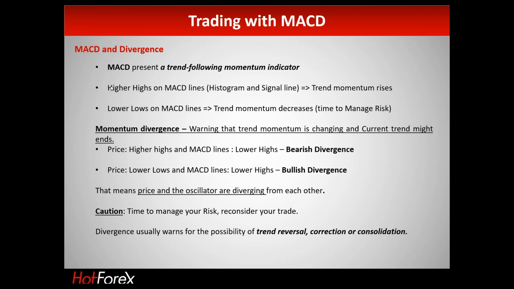So if we combine divergence and MACD, if the price of our asset makes higher highs while the MACD lines have lower highs, then we have a bearish divergence. That's a bearish signal. If the price of the asset makes lower lows, while the MACD lines are making higher lows, that's a strong bullish divergence signal. So that means that price and the oscillator are divergent from each other because they are simply moving in the opposite direction, as we said.